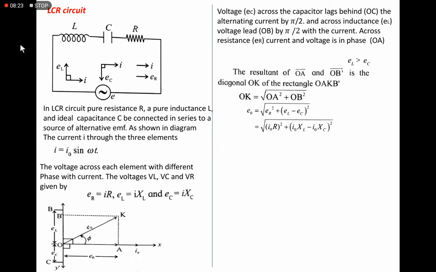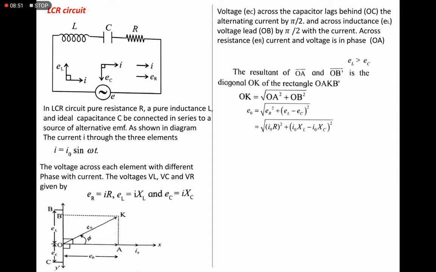Students, the current through these three components is the same, that is I naught sine omega t, but the EMF generated across the inductance, capacitance and resistance depends on the values of inductance, capacitance and resistance.